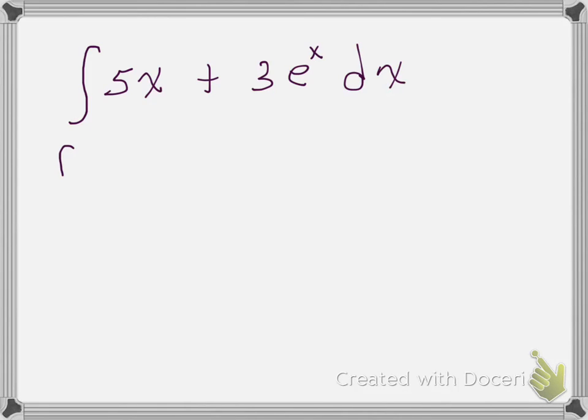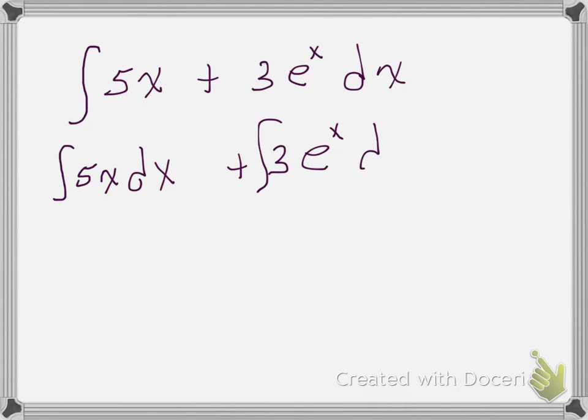Oh, yes. Remember that if you have something like 5x plus 3e to the x dx, sometimes it's easier to write these things as two integrals and deal with them that way.